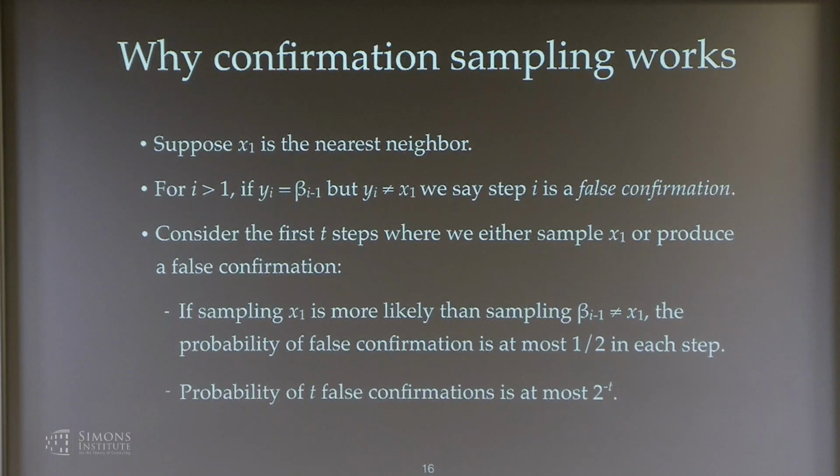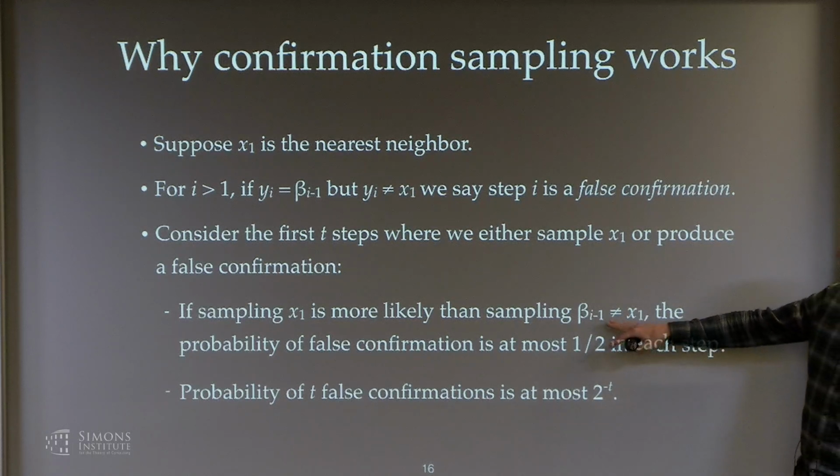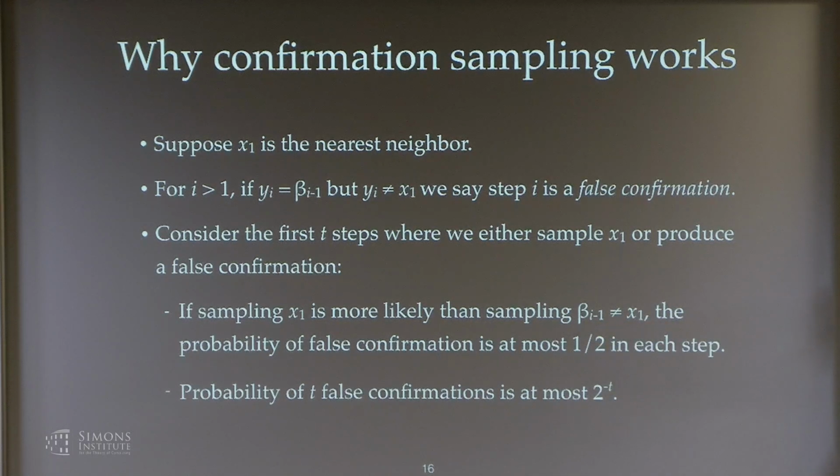But essentially, because sampling x1 is more likely than sampling this beta i minus 1, given that you either see x1 or get a false confirmation, the probability that you get a false confirmation is at most 1/2. And this needs to happen t times. So all in all, the probability of getting t false confirmations and returning something wrong is at most 2 to the minus t.